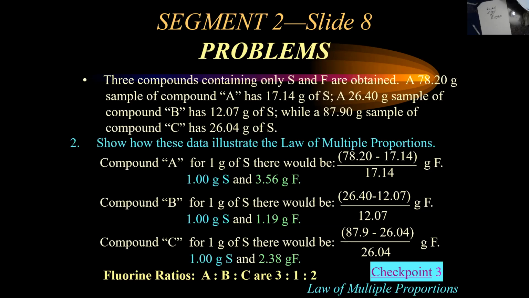So that does give me a ratio of 3 to 2, but it's not exact like this one is. If I divide 1.19 into 2.38, I get exactly a 2 for that conversion ratio.